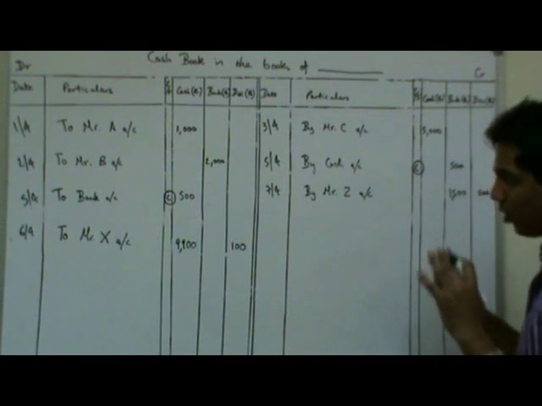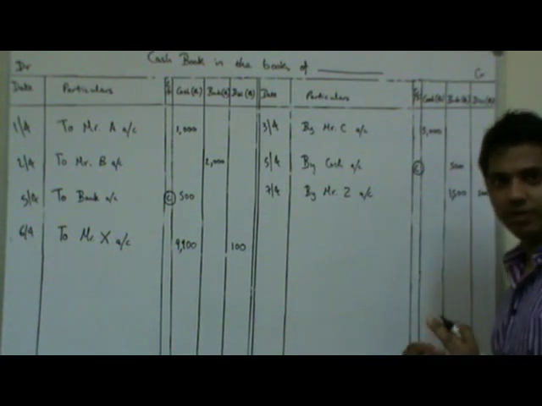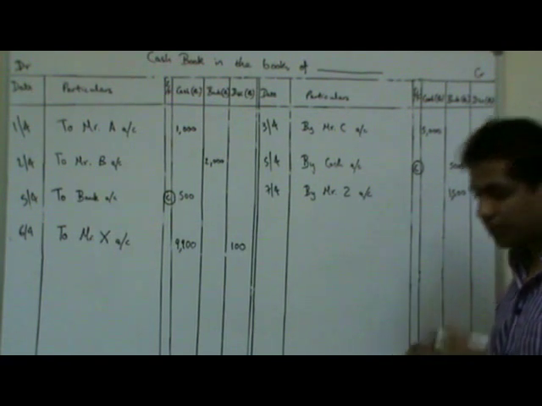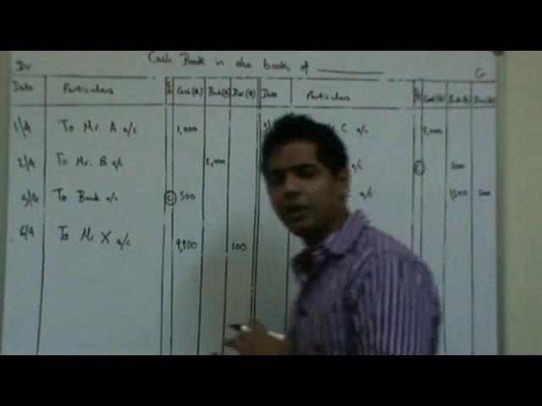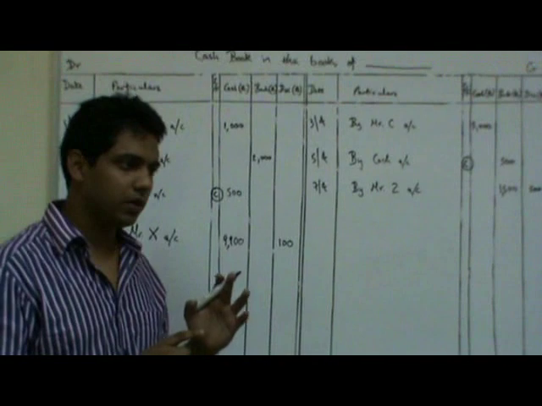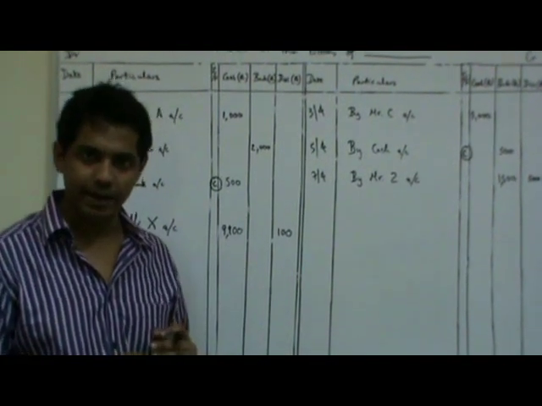Once we have understood all of this, all that remains to be seen is how to open or close these accounts. Suppose at the start of the year, we had an opening balance of rupees 3,000 in cash and rupees 10,000 were lying at bank.